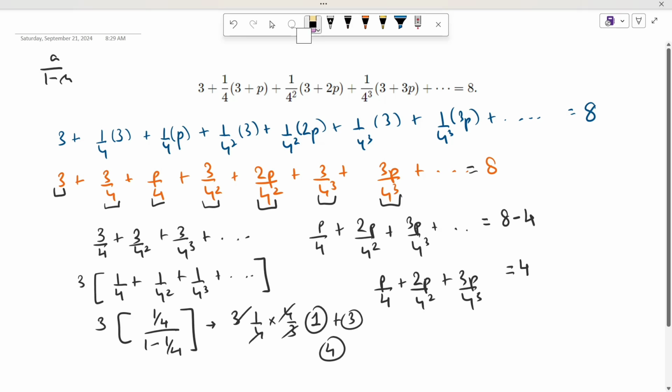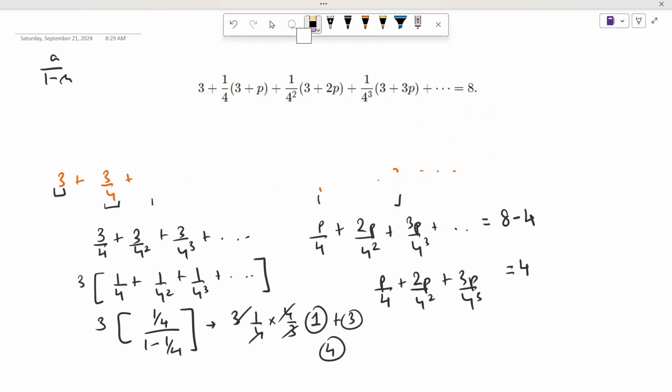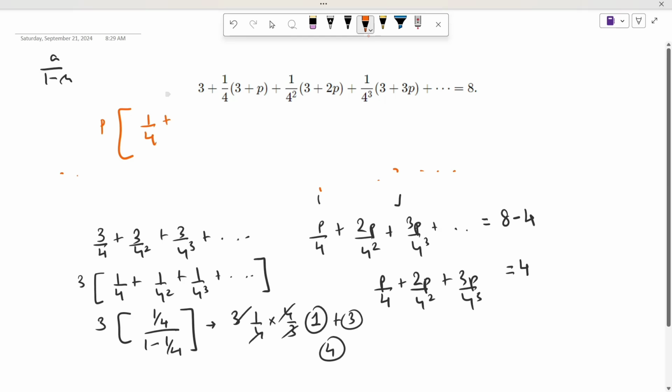So let me just erase this. Yes, we can common out p from there, and we were left with 1 upon 4 plus 2 upon 4 square plus 3 upon 4 cube, and so on.